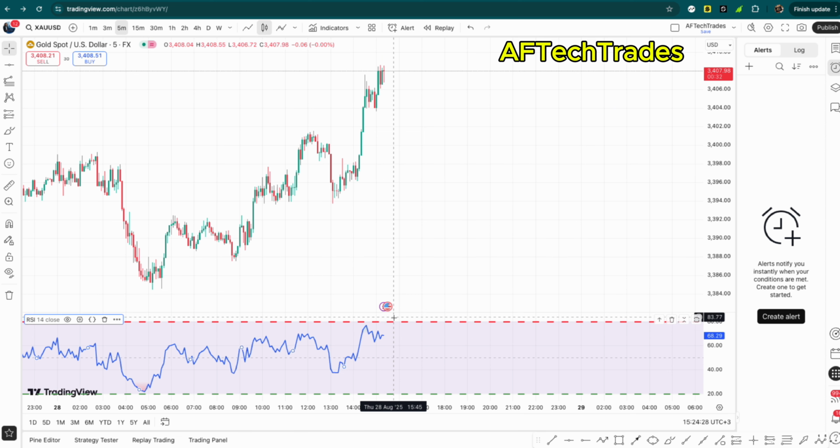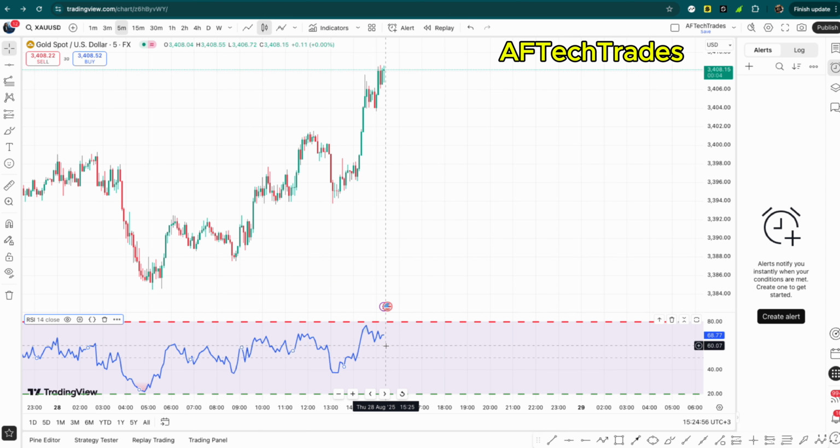So if it gets to this zone, this is my EMA, the MA line that I changed, I'll be looking to sell. Remember, this works on any time frame. This is just a 5-minute time frame for scalping purposes. If it comes to this green zone, I'll be looking for a buy here. The market is oversold.